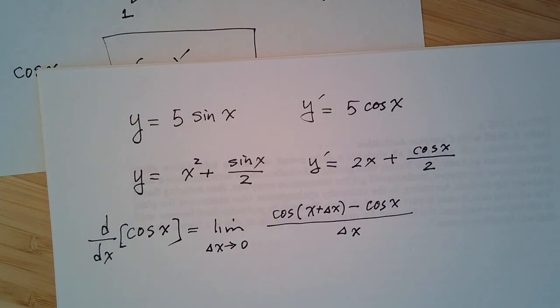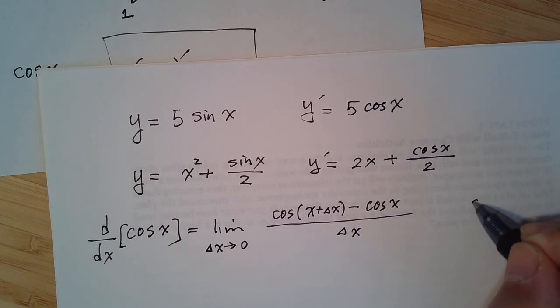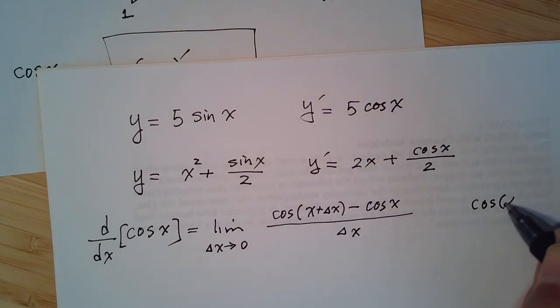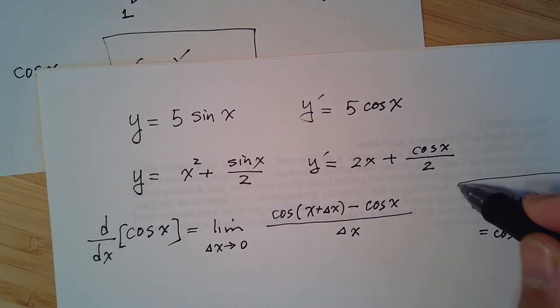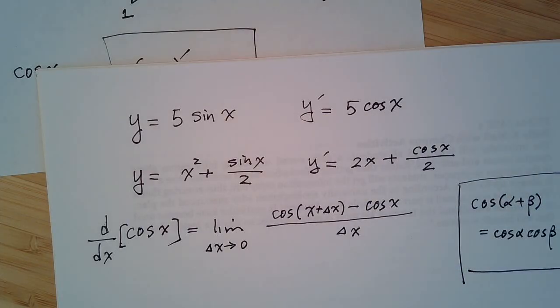If you remember, if you have cosine of alpha plus beta, you're going to get cosine alpha cosine beta, minus, opposite sign, sine alpha sine beta. So again, this is in your pre-calc 2.